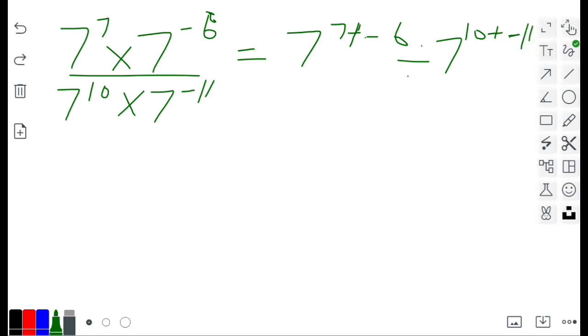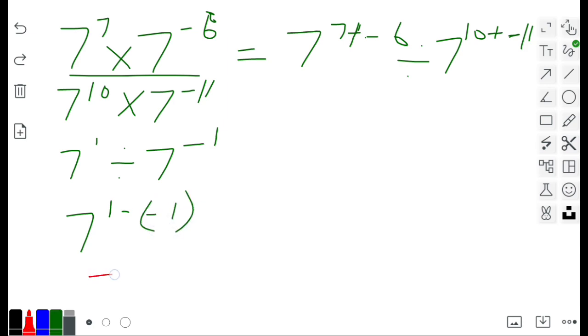So this will be 7 raised to the power of 7 minus 6, which gives me 1, divided by 7 raised to 10 plus minus 11. 10 minus 11 is going to give me minus 1. So in this case, to express this using my division rule, I'm going to be having 7 raised to the power of 1 minus, put this in brackets, minus 1.